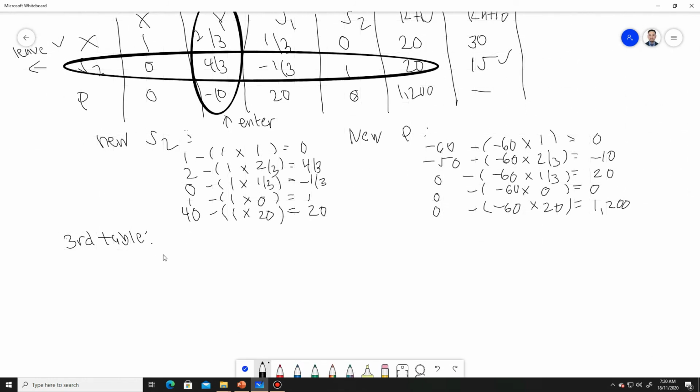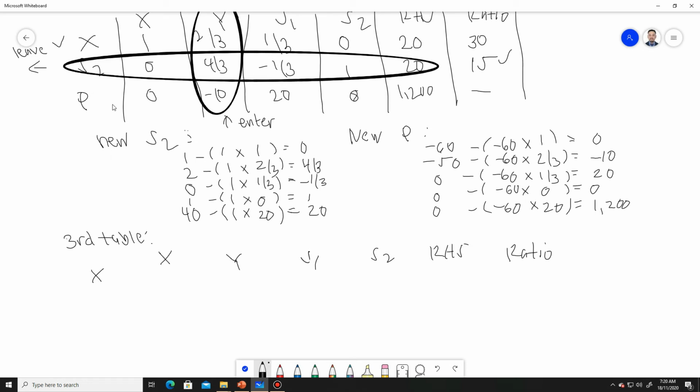Again, no, gagawa tayo ng third table since it is not optimized. Ganun pa rin. Sulat natin yung mga variables. And then here, x retains.